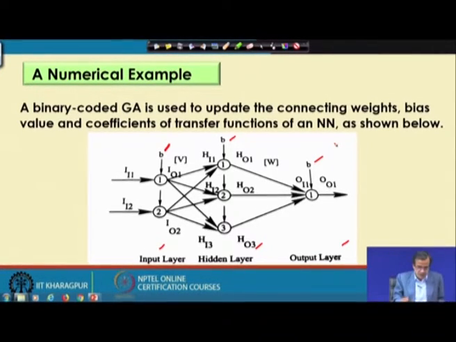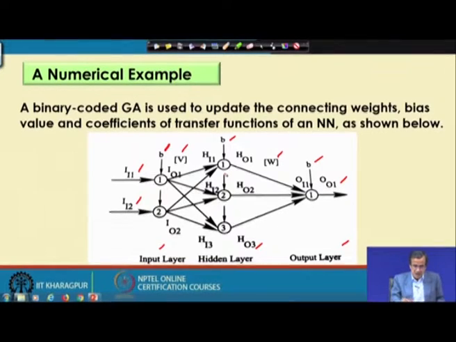Now, for simplicity here, we have considered only 2 inputs, that is I1 and I2, and there is only one output, that is O. We have the connecting weights V between the input and the hidden layer, and the connecting weights W between the hidden layer and the output layer.